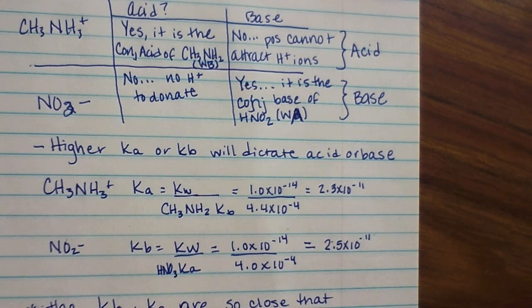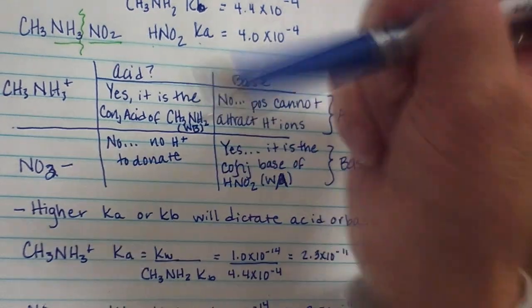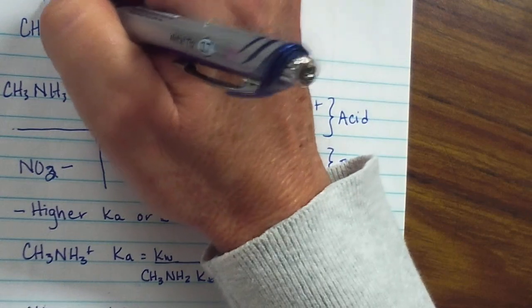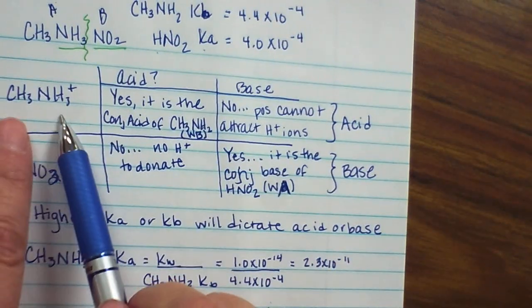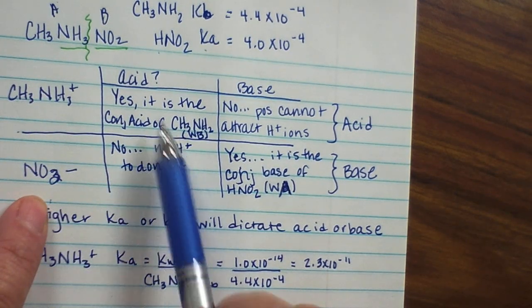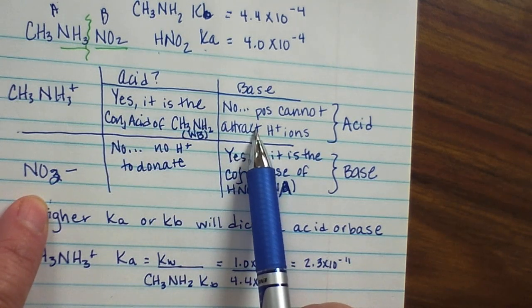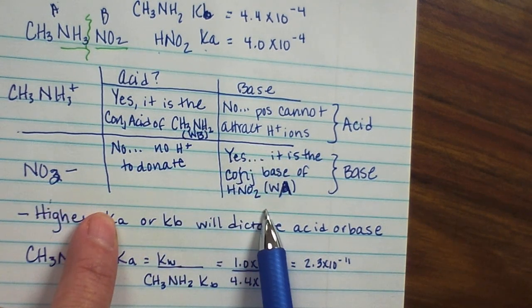So, questions? Or do you want me to recap? Okay, let me recap. You can label them as acid and base, whatever you want to do. Now I've got my acid and my base. Go through each one and ask, is it able to donate protons? Is it able to accept protons?